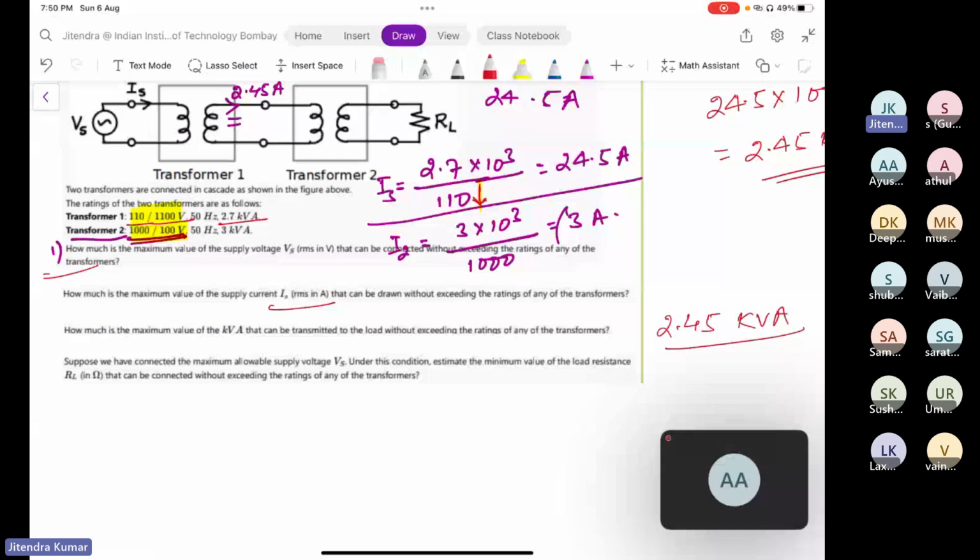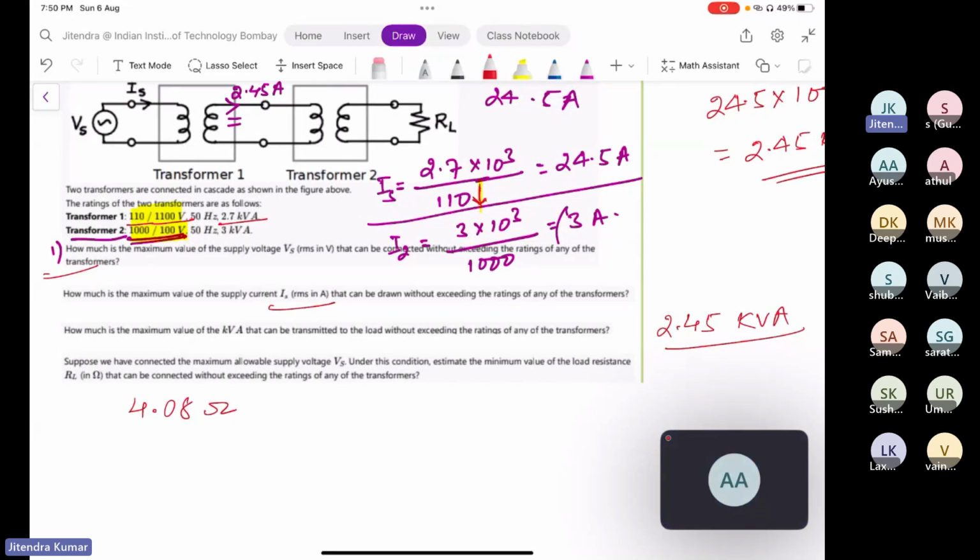In the last part, we have connected the maximum allowable supply voltage Vs. Under this condition, estimate the minimum value of the load resistance that can be connected. Sir, 4.08 ohm. 4.08 ohm. Okay, so I will ask the reasoning from you as well. Before that, can anyone else tell?